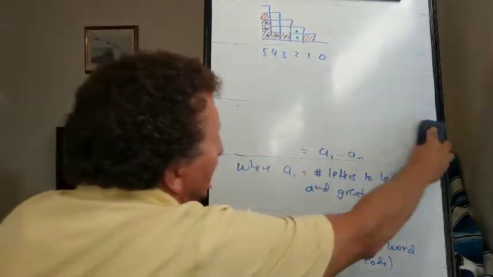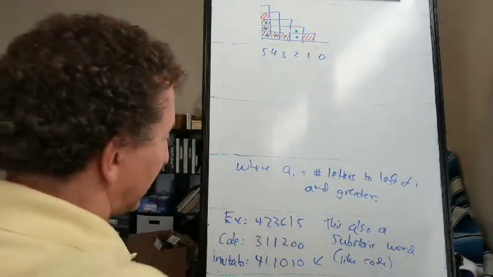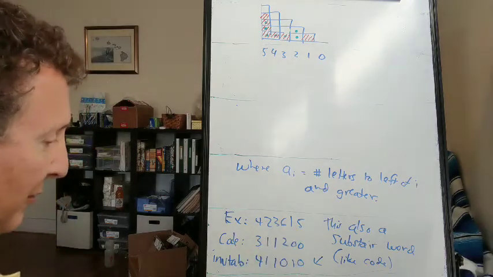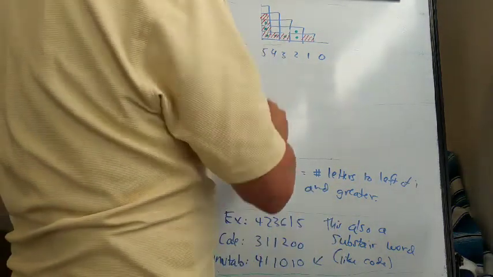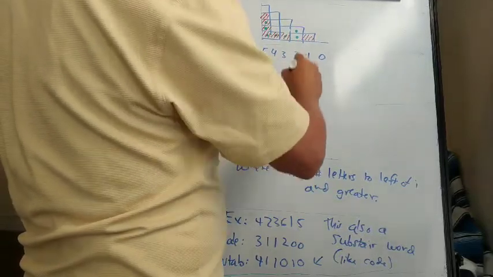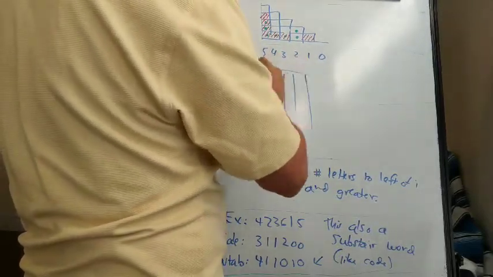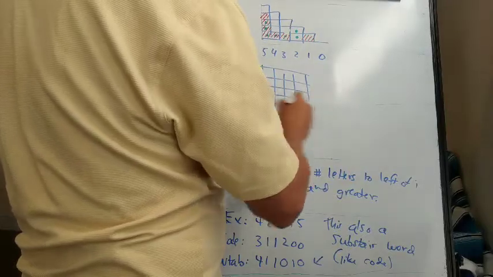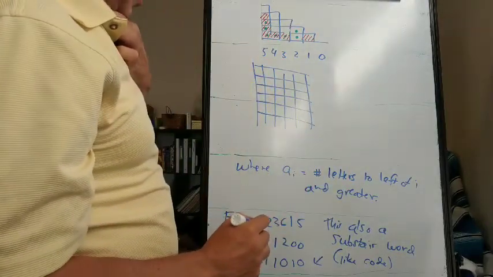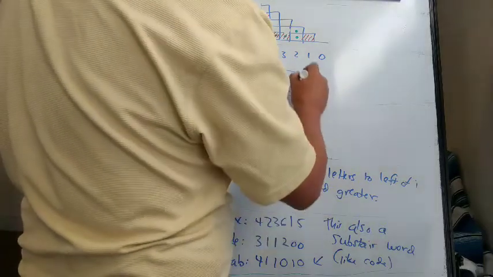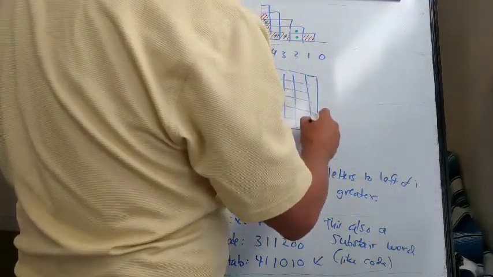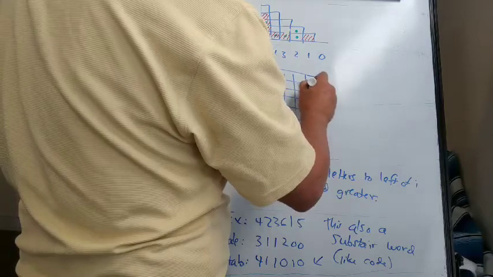Now we can also count inversions by using the permutation matrix. Let's use 4, 2, 3, 6, 1, 5 as an example again. Now this is a permutation in S6, so I need 6 blocks in each row and column for the matrix.